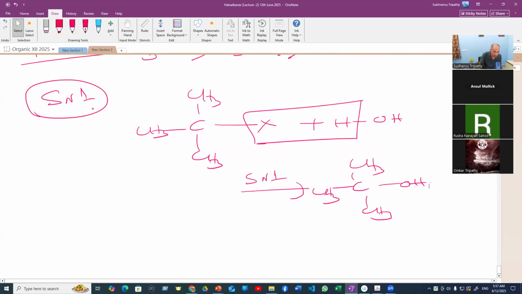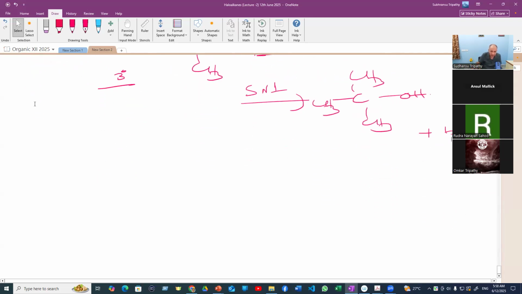And the best suitable is 3 degree. 1 degree is lowest, because water is not a good nucleophile. So attacking power is very less. So it will be very, very slow. Although elimination will not be possible, substitution will be slow. The solvolysis will be slow.